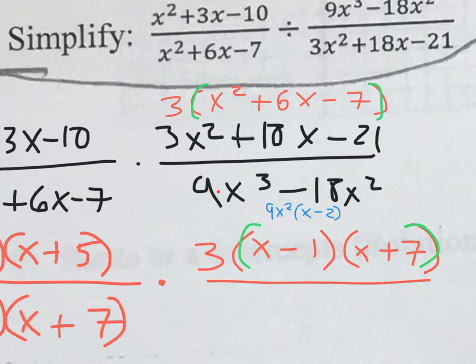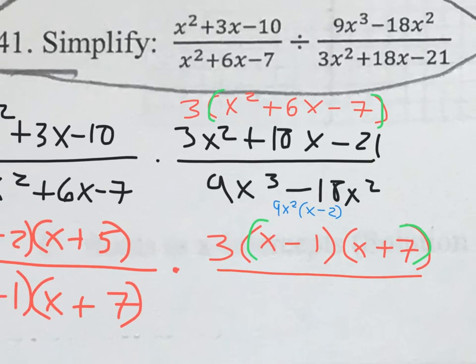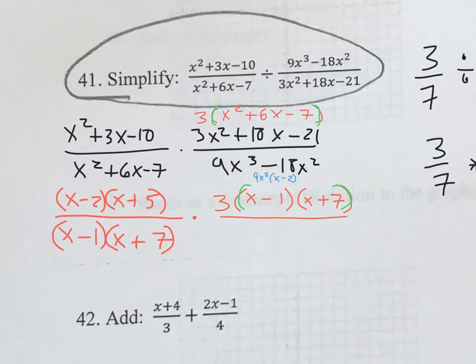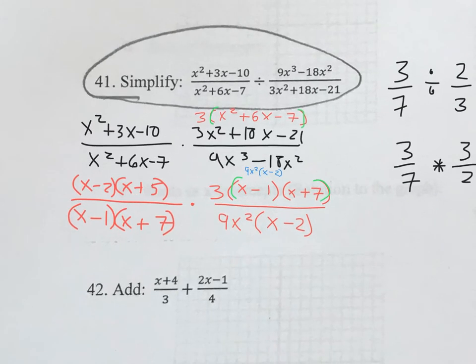If my student needs to pause the video to understand how this became that, then my student should do that. But I'm going to keep this train moving. Bottom line is, I could most definitely represent this denominator as 9x squared times x minus 2. So that's what you want to do with these kinds of problems.